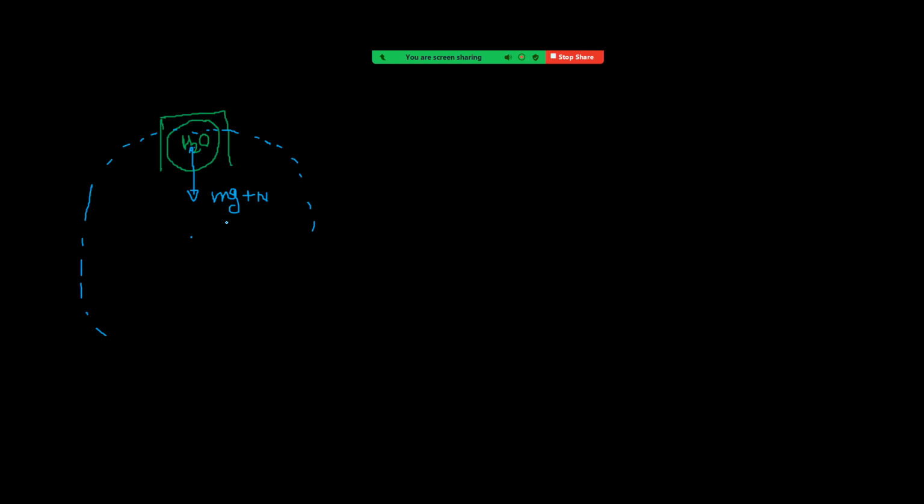That means the net force on water is mg plus normal reaction. This net force towards the center is called the centripetal force. So I'm writing centripetal force equals mass into centripetal acceleration, with all forces on the left side, that is mg plus N.